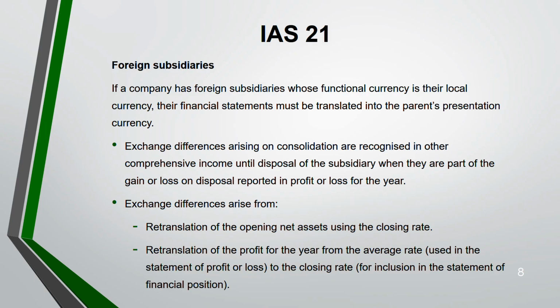Second, when you are retranslating the profit from the average rate to the closing rate. Profit, when you first translate, you use the average rate. But the second time, when you are retranslating it, it is at the closing rate. First time using the average rate, it goes in the statement of profit and loss. Second time, you are retranslating it to include it in the statement of financial position.